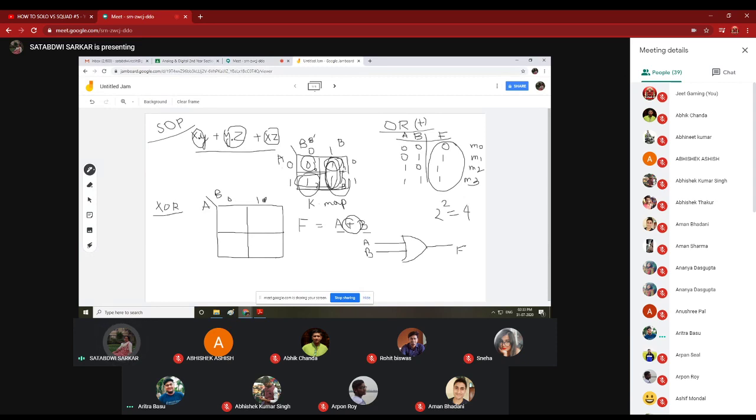Either we may write it as B bar, that is 0, and this as B. And here the value of this cell is A bar, that is 0, and this is A, that is 1. The value of A is 1.